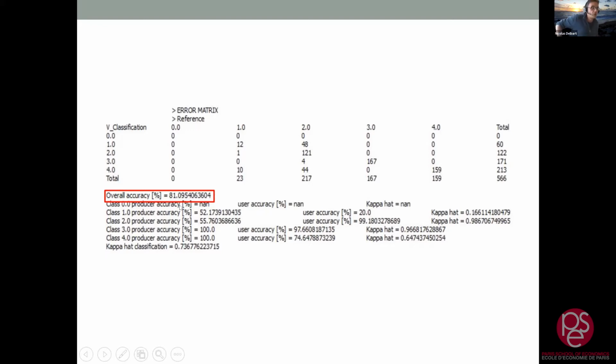So 95% should be a threshold over which you can be very satisfied with the classification.